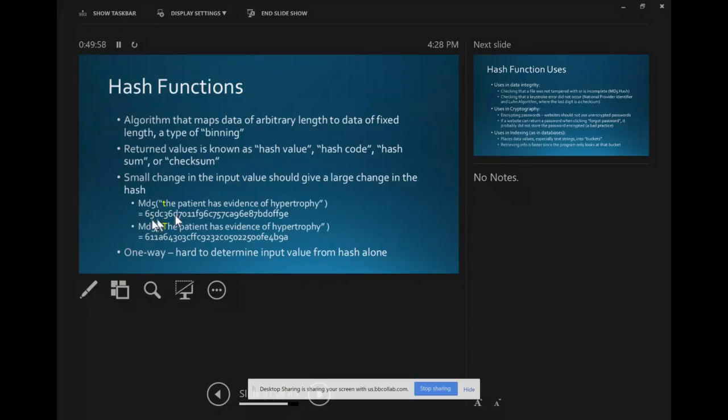So for example, if you look at these two, this is using the MD5 hash. The only difference between "the patient has evidence of hypertrophy" in these two cases is that in one case it's a lowercase t, the other case is an uppercase T, a very subtle difference. Yet the cryptographic hash, as you can see, changes dramatically.